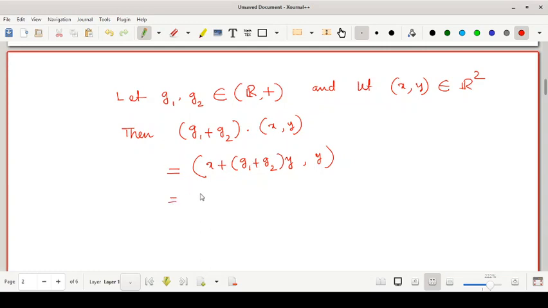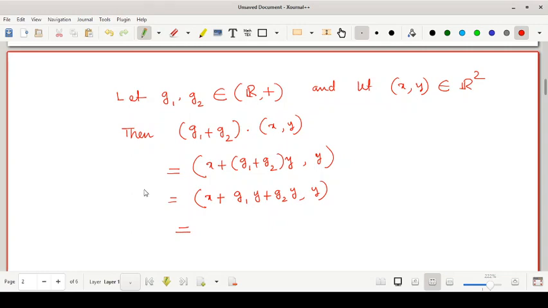I can write this as (x plus g1y plus g2y, y). Multiplication distributes over addition in R. From our school days we know this.